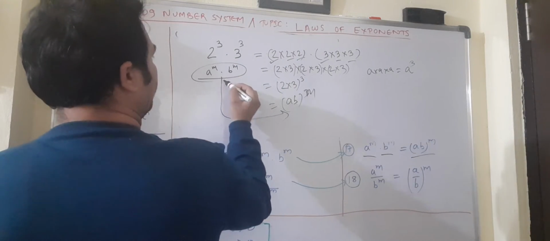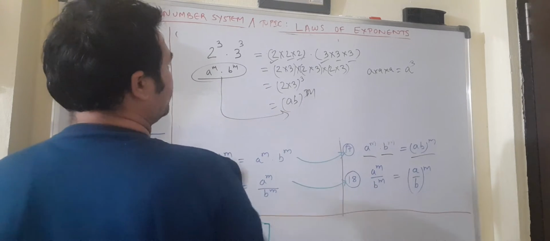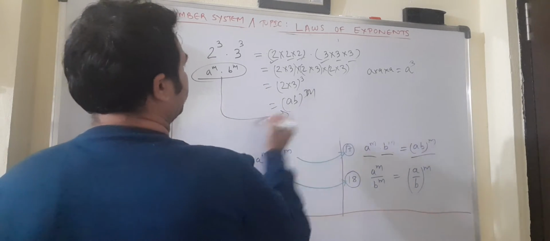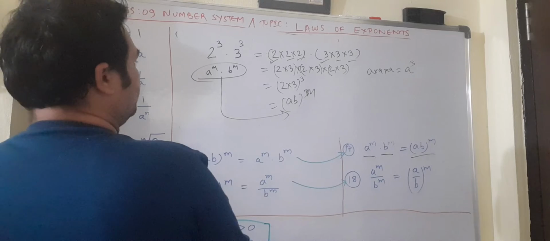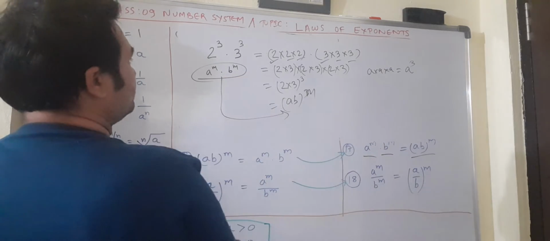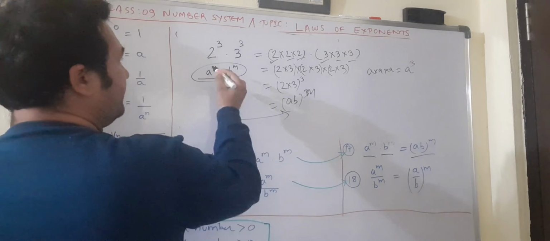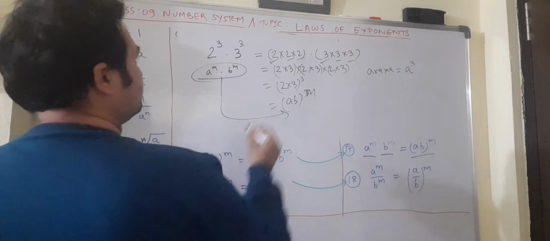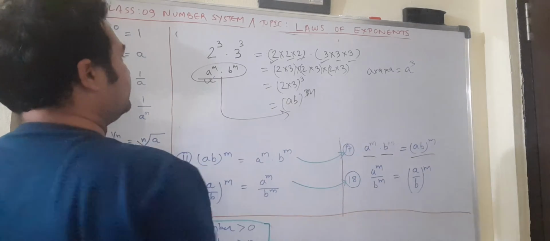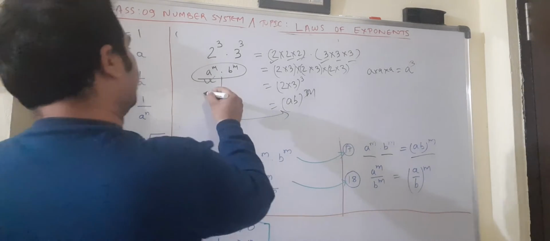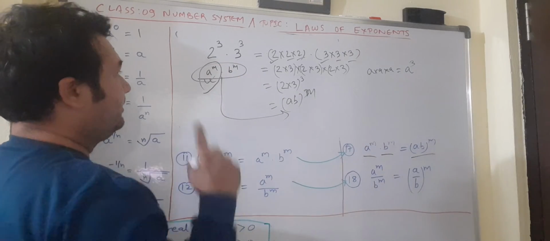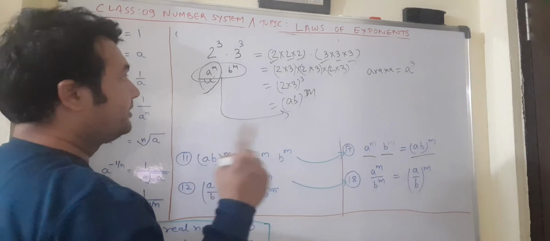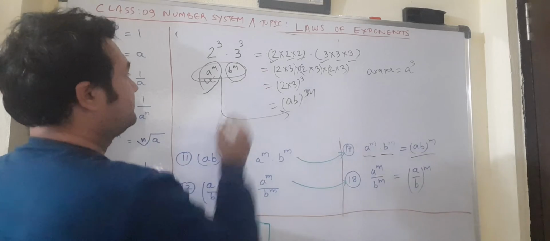So a raised to the power m into b raised to the power m becomes ab together raised to the power m, because ab forms 1 pair, 2 pair, 3 pair up to m pairs. The quantity of a inside a to the power m is m. A is available m times, b is also available m times.